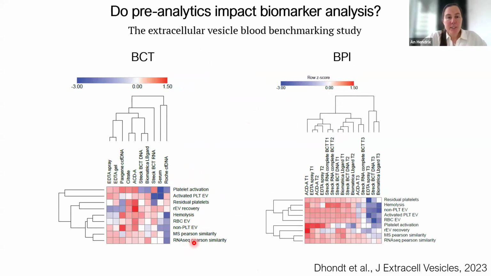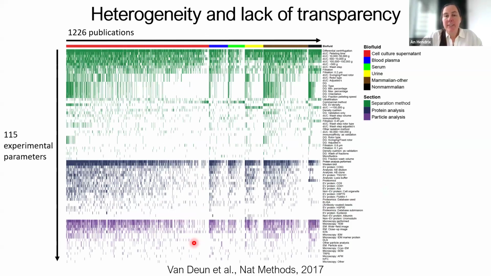So these few case studies serve as an example to underpin that the choice of methodology is crucial for downstream extracellular vesicle analysis, not only at the level of the preparation method, but also at the level of pre-analyticals that can impact different steps of your workflow.